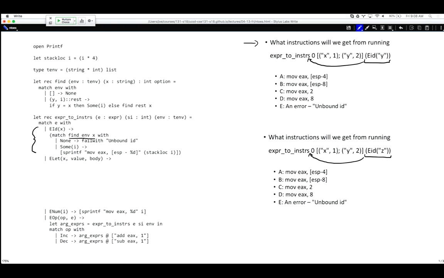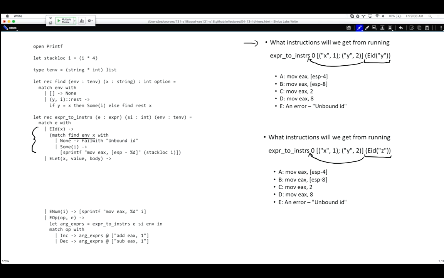I'm just having us read this code so we can see what happens and then ascribe some meaning to these pieces. Find says it's going to take one of these envs and a string, and it's going to give back either None or Some integer. It basically iterates through the list that was given to it and stops if it finds the particular string we passed in.